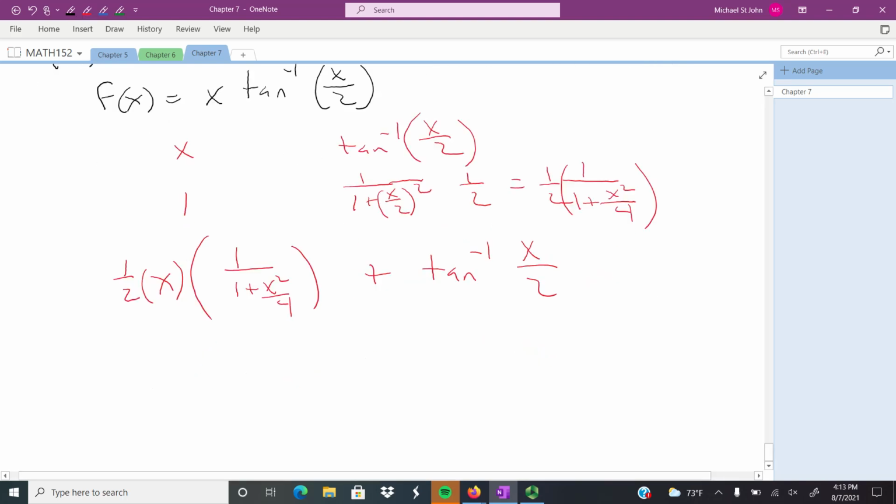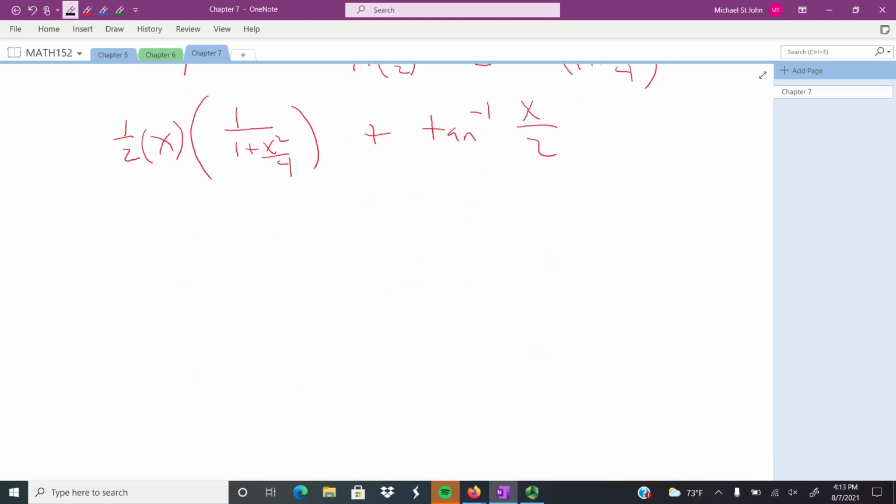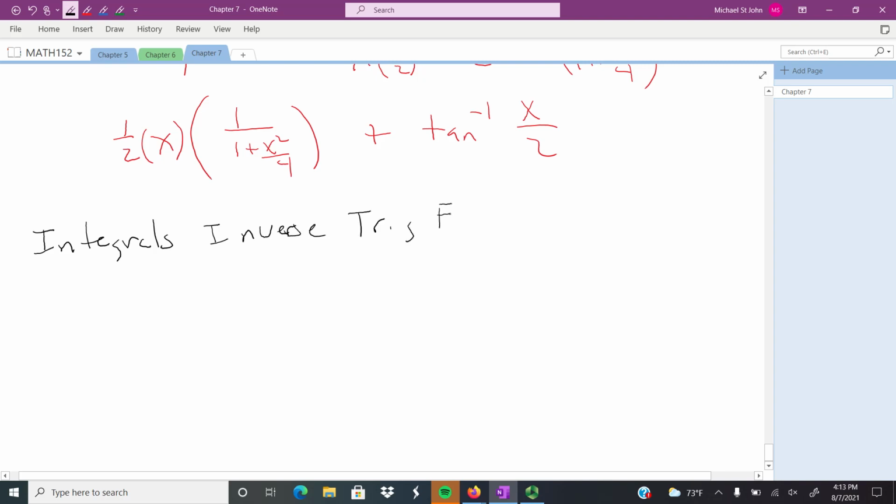We can also have integrals involving inverse trig functions. And these are given on page 474.